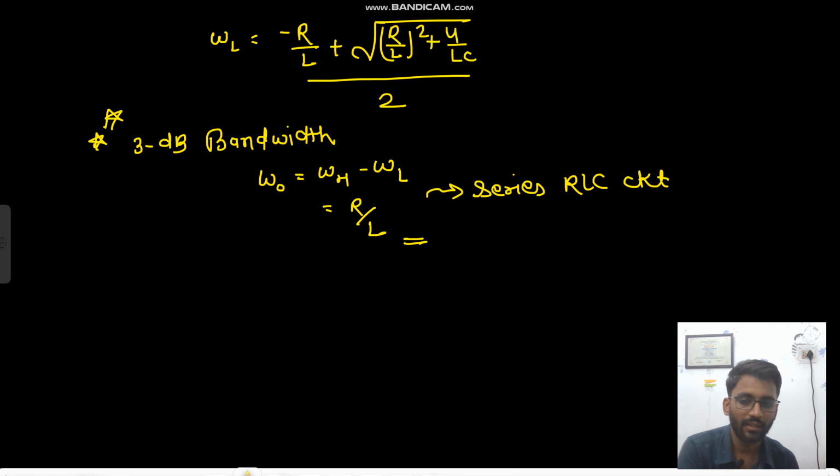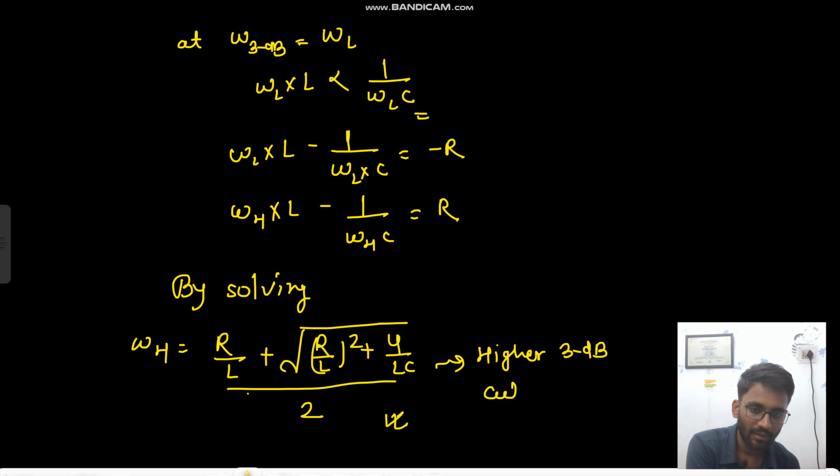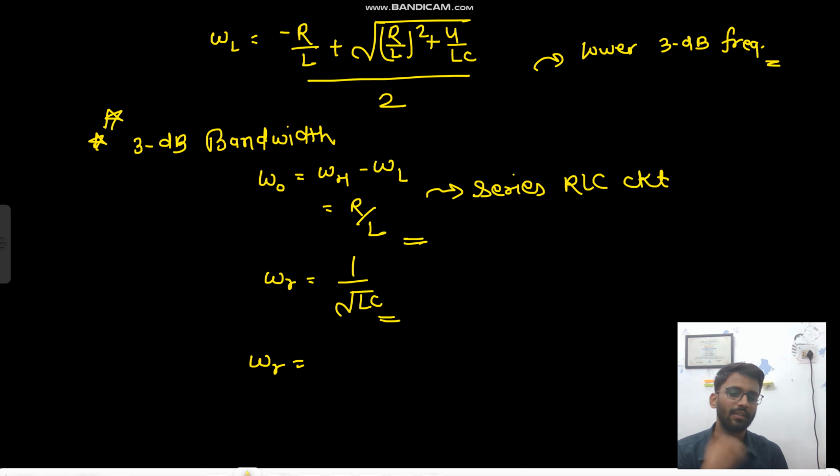And what is the resonance frequency? It is 1 by root LC. There is one more relation between the resonance frequency, the lower cutoff frequency and the higher cutoff frequency. This is the higher 3 dB cutoff frequency, and this is the lower 3 dB cutoff frequency.